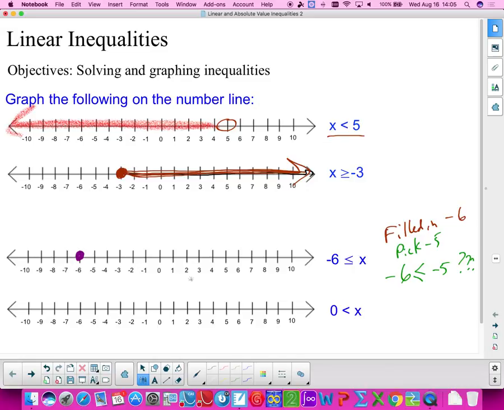Would you rather be $6 in debt or $5 in debt? I'd rather be $5 in debt, right? That's better. So this is true. If you pick a number and it's good, that's the side you want to draw the arrow on. If I picked negative 10, I don't want to be $10 in debt, so I don't want to shade that way. So I'm going to shade to the right on this one.